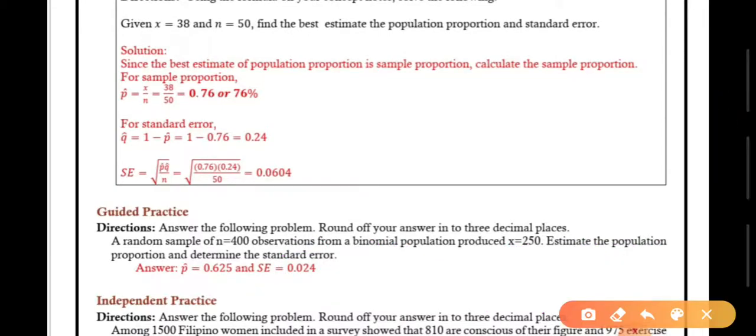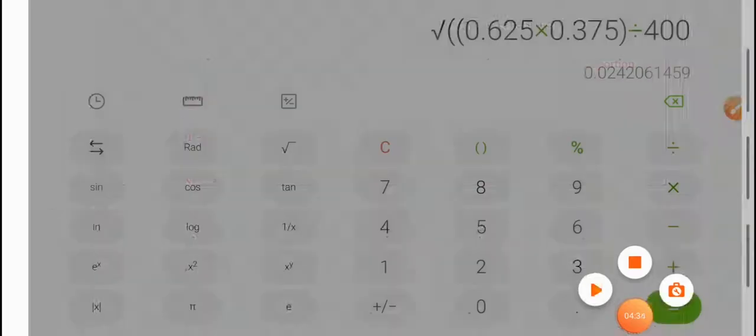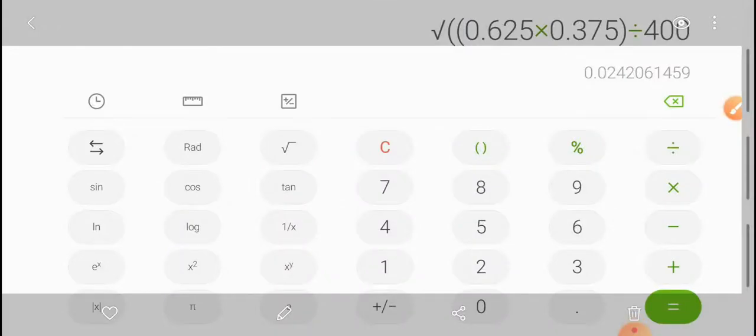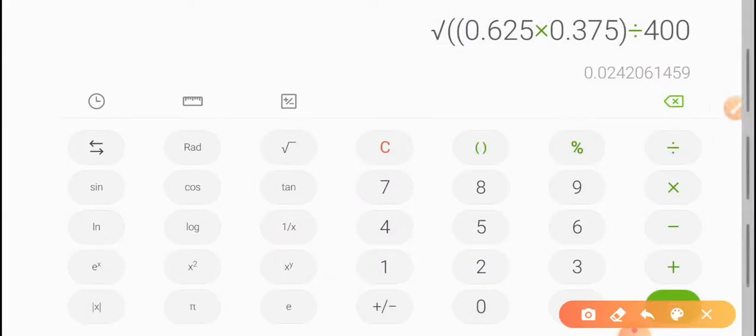The representation of it on your calculator: just press square root first, followed by open parenthesis, 0.625 times 0.375, close parenthesis, divided by 400. The answer is rounded off to the nearest hundred thousandths, 0.024.